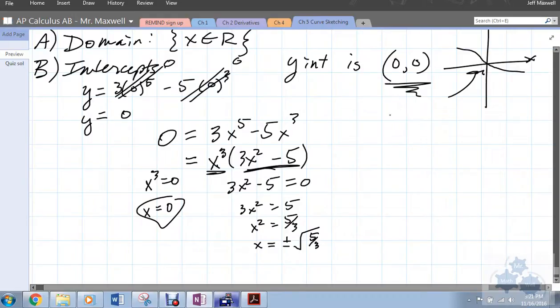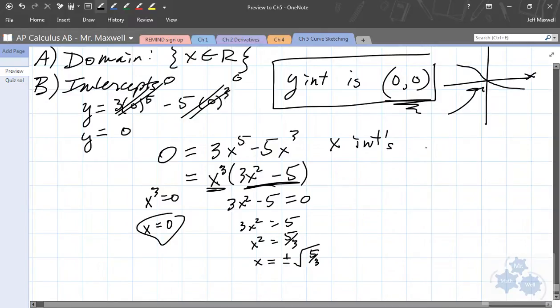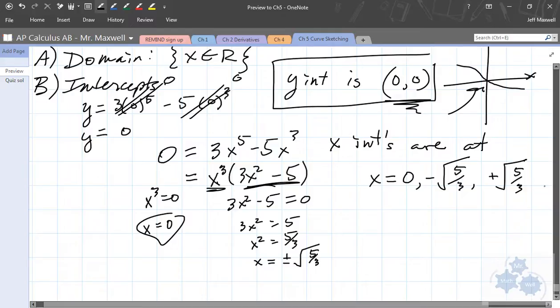So, we have y-intercept (0, 0). X-intercepts are at x equals 0 and x equals negative root 5 over 3 and positive root 5 over 3.